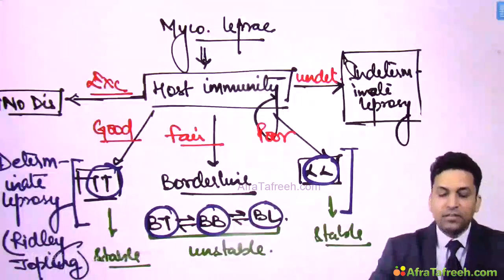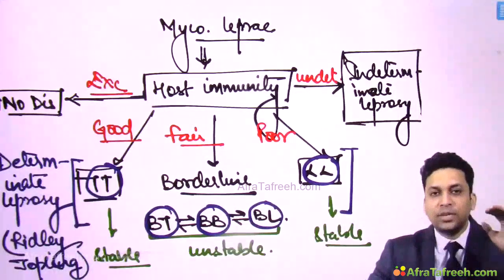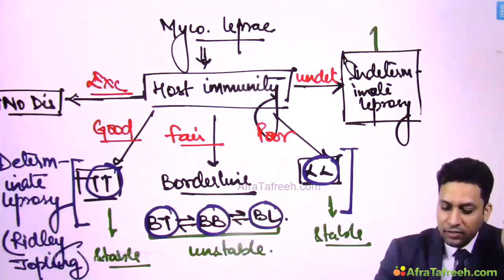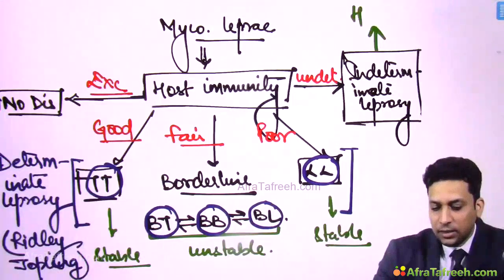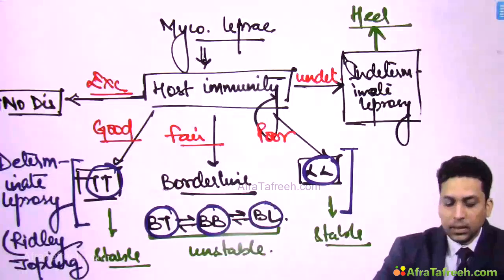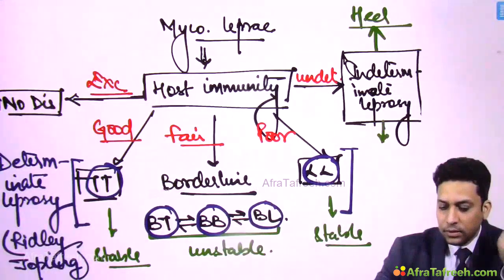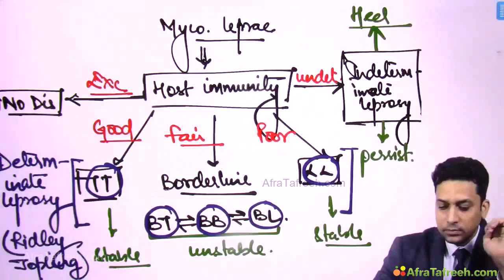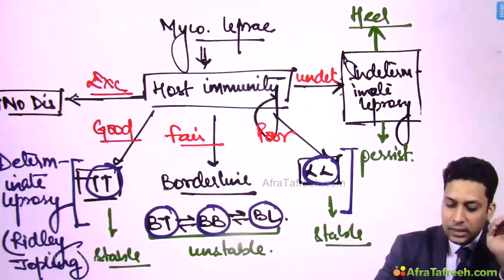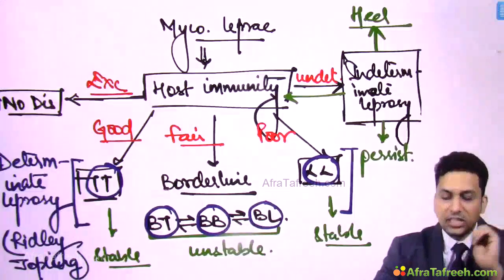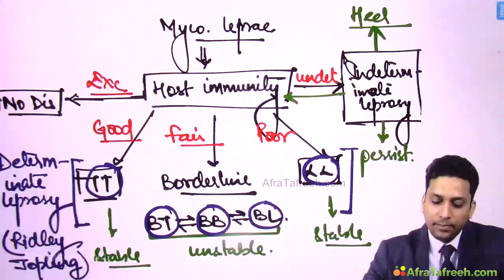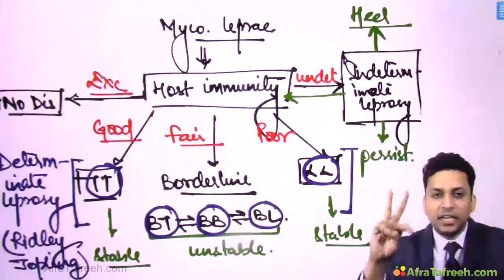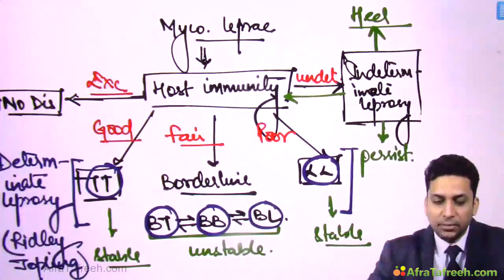Once the patient develops indeterminate type of leprosy, there can be 3 possibilities. Later on, if the immune system responds, it will heal. If it does not respond, it will persist in the same way, and if it deteriorates, this indeterminate can change into determinate type. So it might heal, it might persist, or it can deteriorate to determinate type.